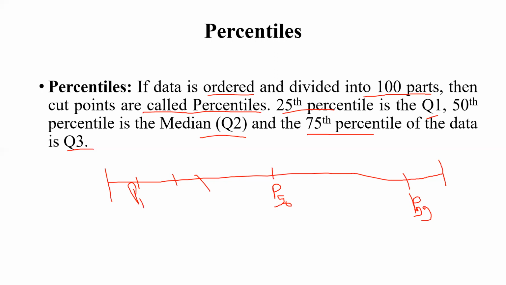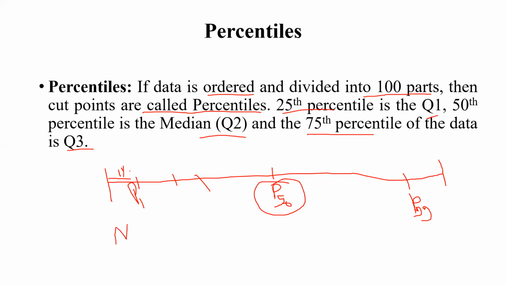So between 0 and the first cut point, each equal part takes an equal percentage, 1%. So percentile divides the whole data set into 100 equal parts of 1 percent each. This would be P50. P50 divides the whole data set into two equal parts.